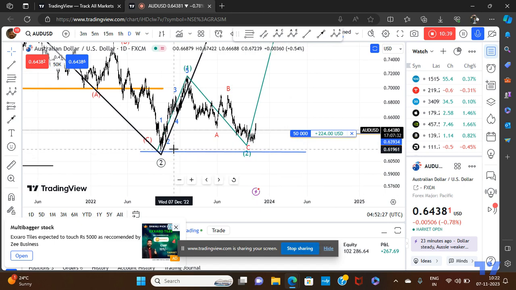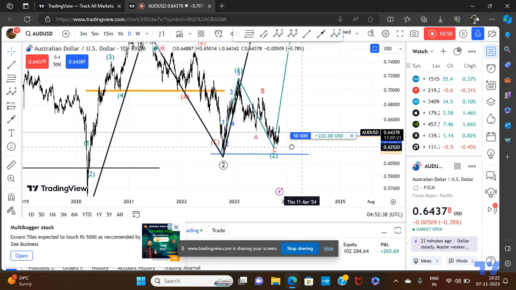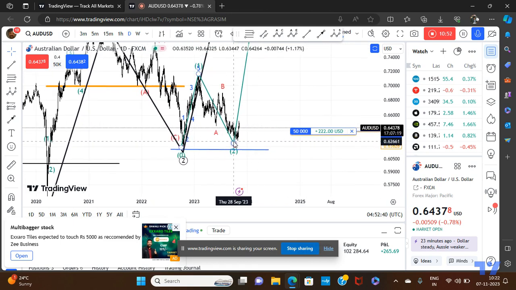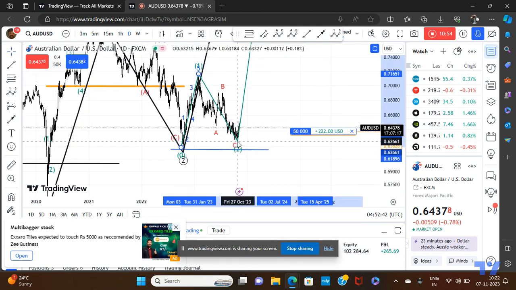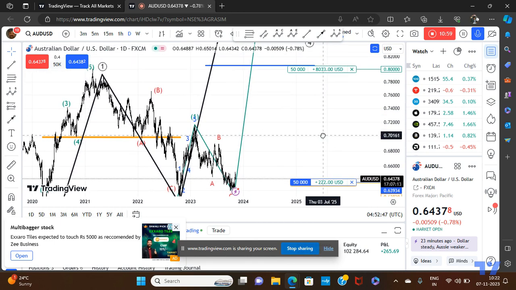Earlier my stop loss was this, because a new wave cannot go beyond this. So first, second, and now we are in the third wave. Now this wave should be very strong. I want this wave to be very strong because we are dealing with the third of the third wave. So this should have very good momentum.